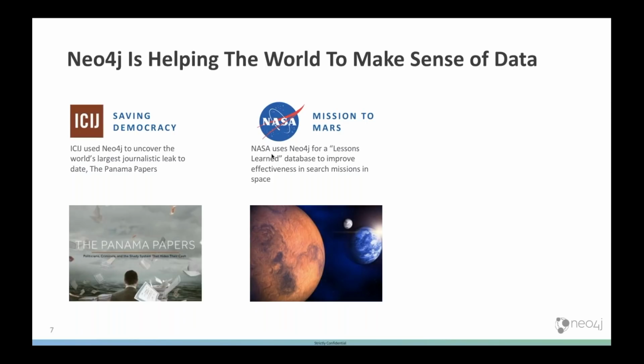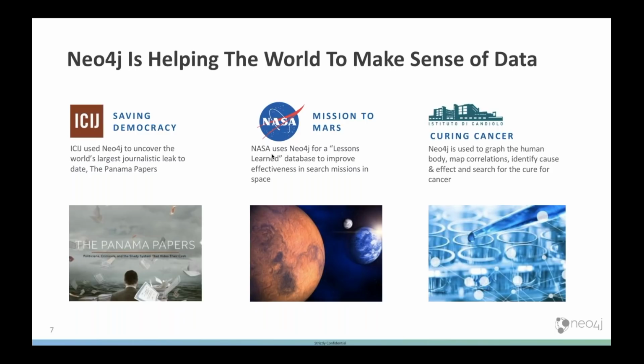And I can talk about how that has been achieved, but we'll have to do that offline because we haven't got time today to do that. But what NASA have done is build a very big database of all the things that have ever gone wrong with any of their missions, which is searchable in a way that means that they can anticipate and avoid problems in future planned missions.